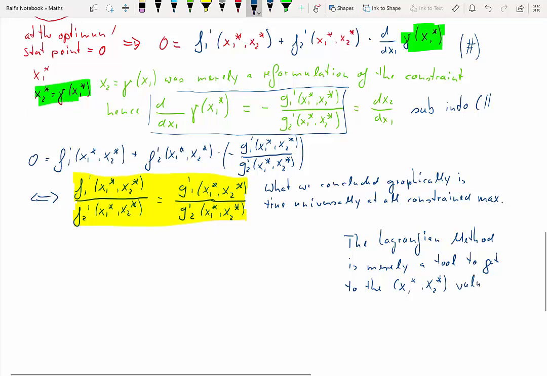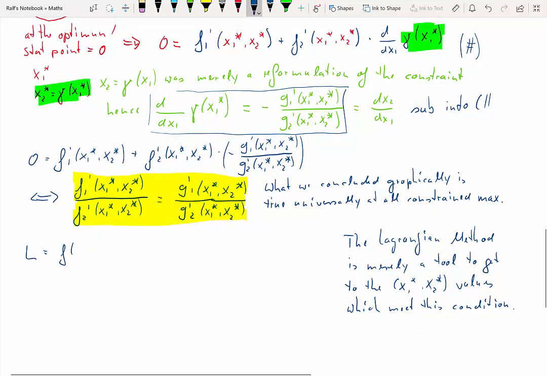And if they meet that condition, we call this pair of values x1 asterisk and x2 asterisk, because they are the values at our constrained maximum. Without going into any detail of the Lagrangian method, we will just outline here how, or why, the method achieves that.